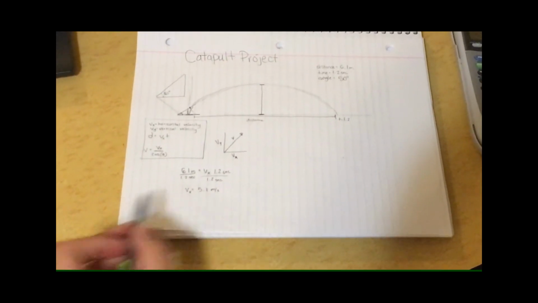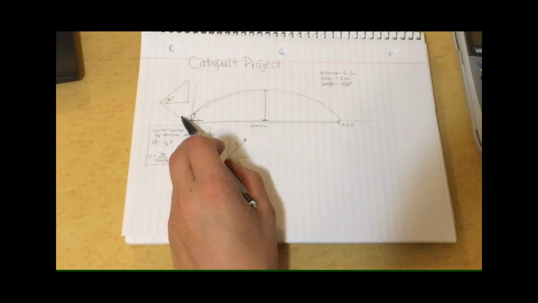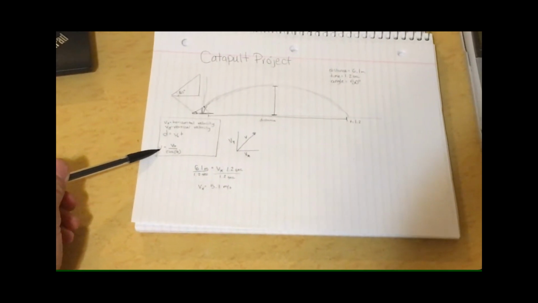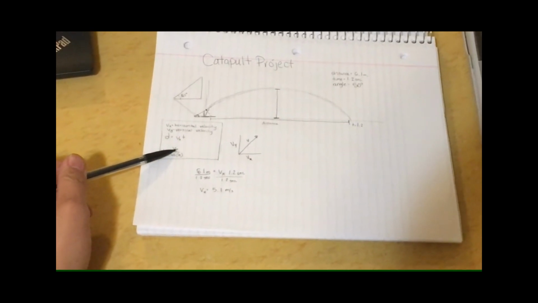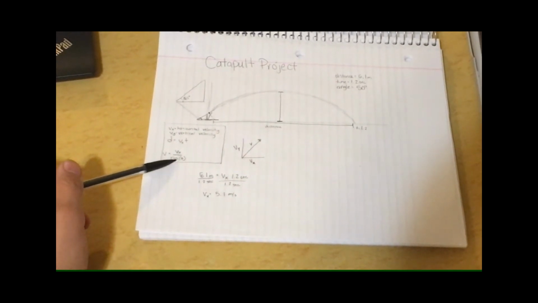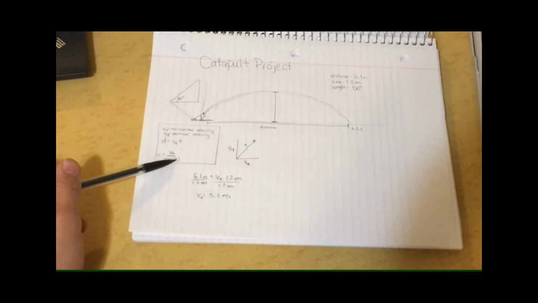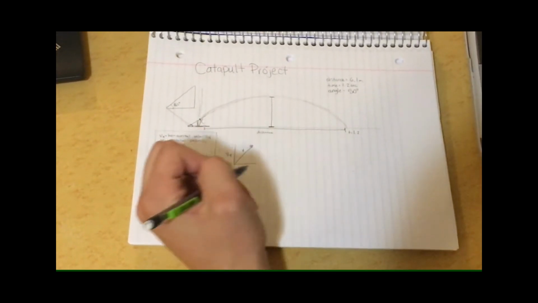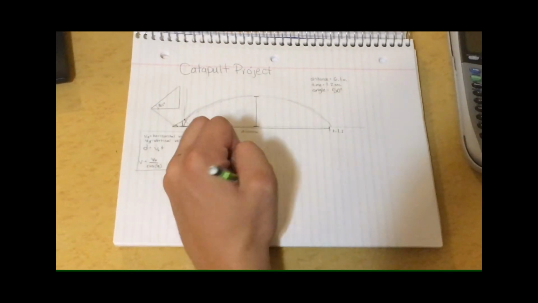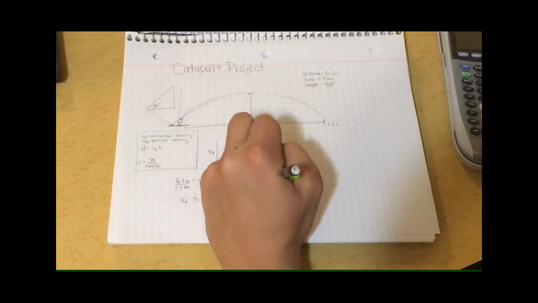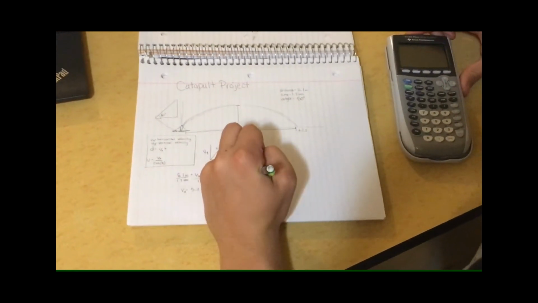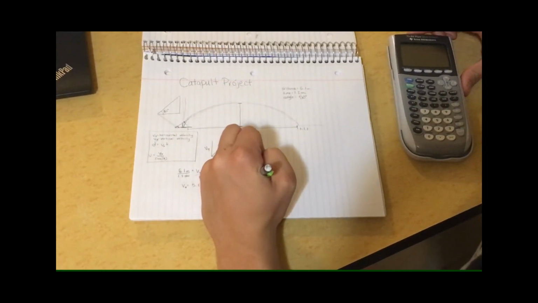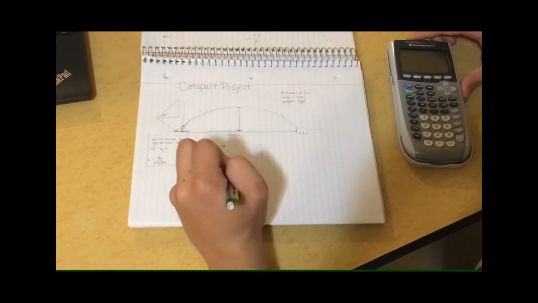With this, we can figure out the velocity because we have an angle here. The equation is velocity equals the horizontal component, Vx, which we have right here, divided by cosine of theta. And theta is the angle that we found, which is 50 degrees. So we plug that in, and that is V equals 5.1 meters per second over cosine of 50 degrees.